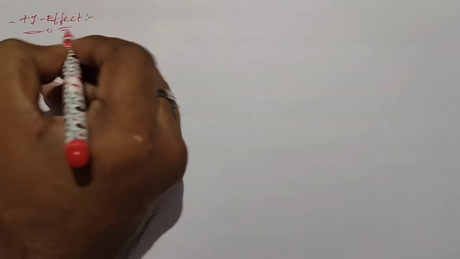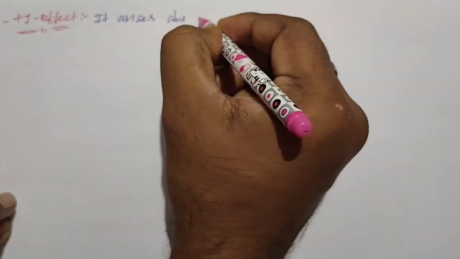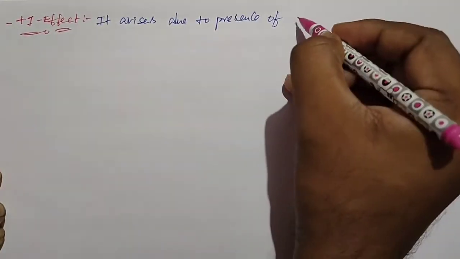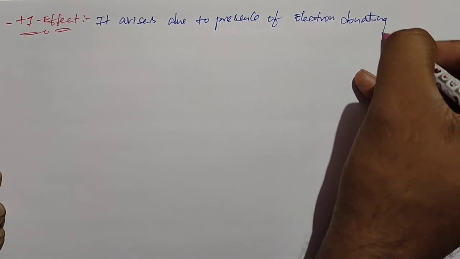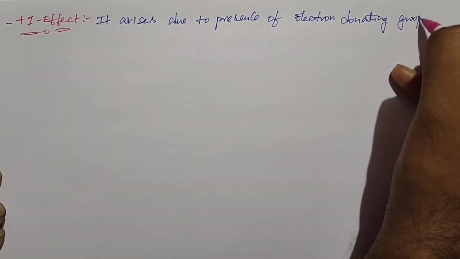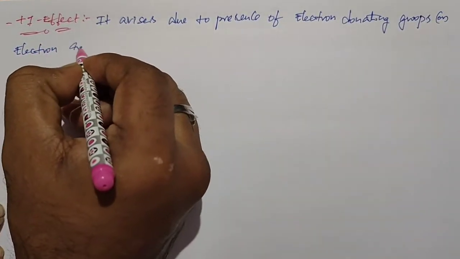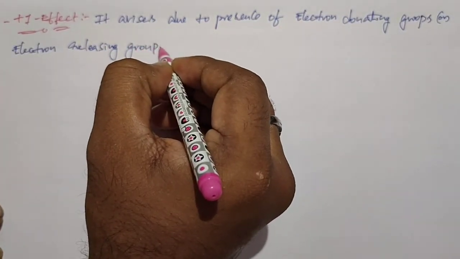The plus I effect arises due to the presence of electron donating groups, or electron releasing groups.